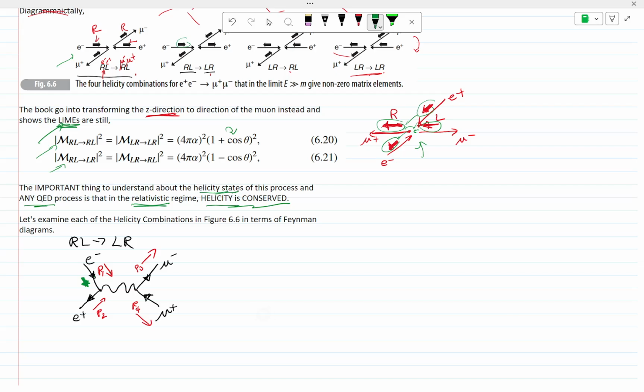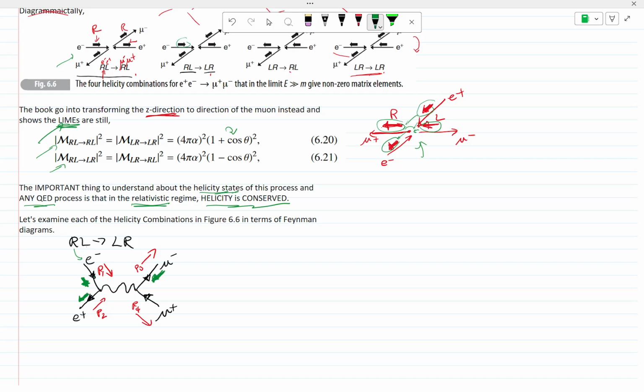Since this electron is right-handed, the momentum and the helicity are in the same direction as each other. Since this is left-handed, it has to go out this way. And then particle 3 is left-handed, so I want it to not align with each other.